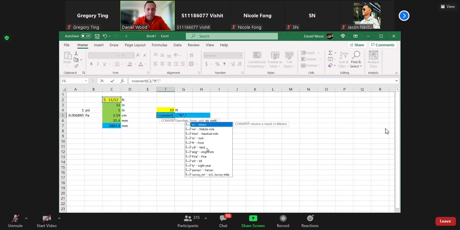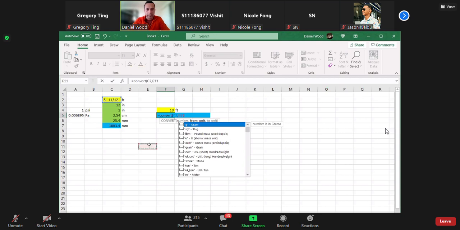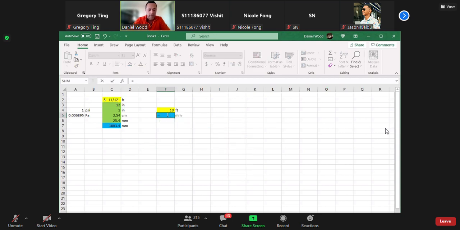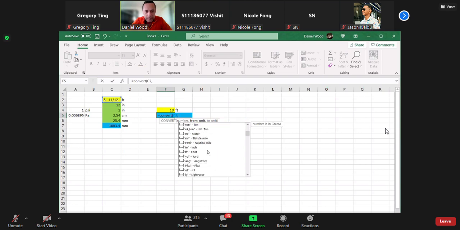You'll notice that it also comes up in the drop down tab. So if you go equals convert, and then I enter my number 5'11", it'll come up here.